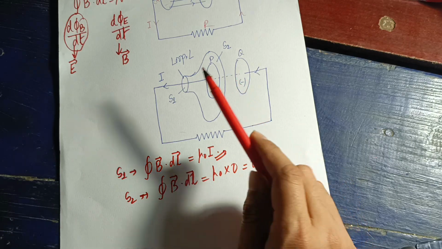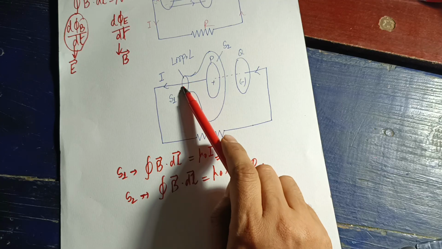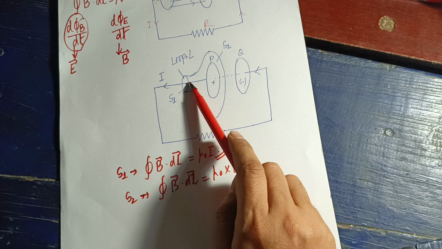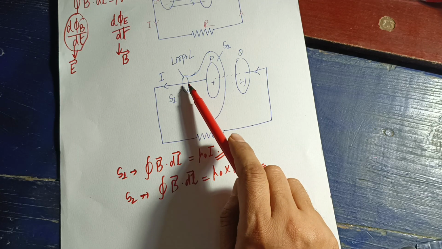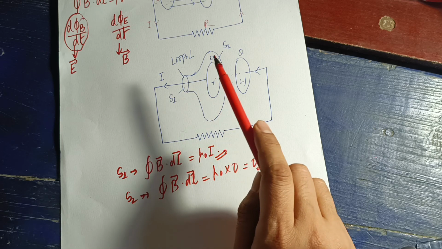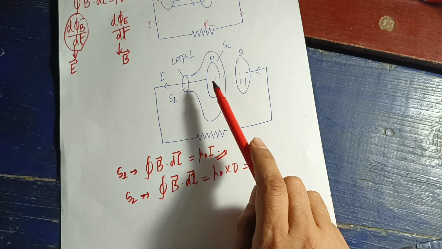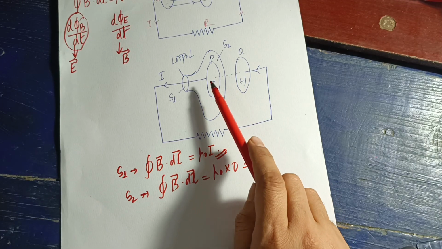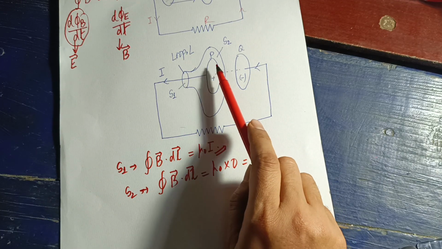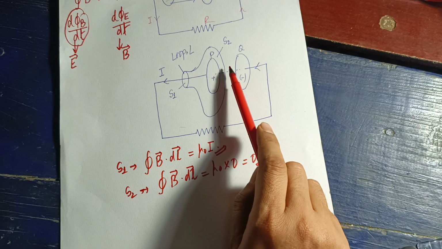When I measure the magnetic field here and between the plates of the capacitor, there is a certain magnetic field detected by the deflection of the compass needle. When I place a compass needle between the plates of the capacitor, there is a certain deflection, meaning that a magnetic field exists between the plates of the capacitor.